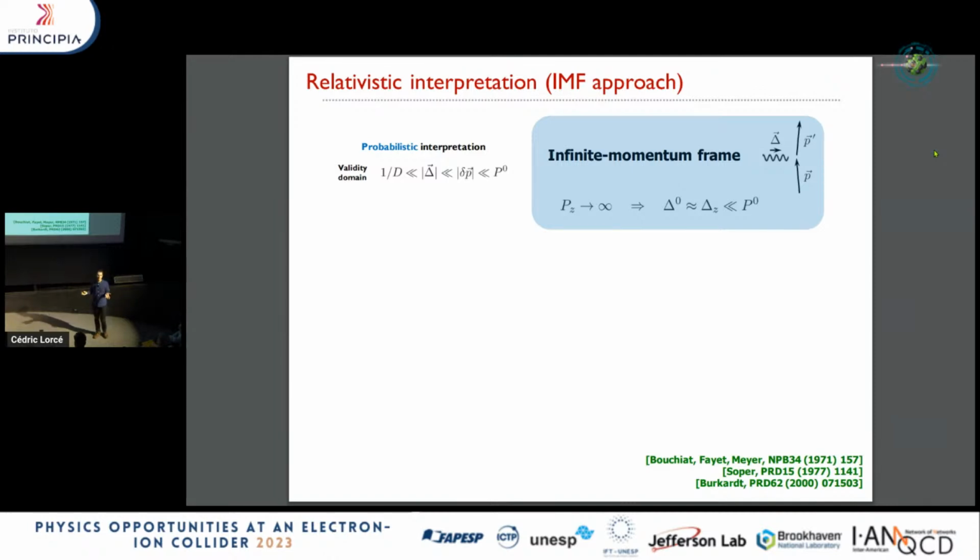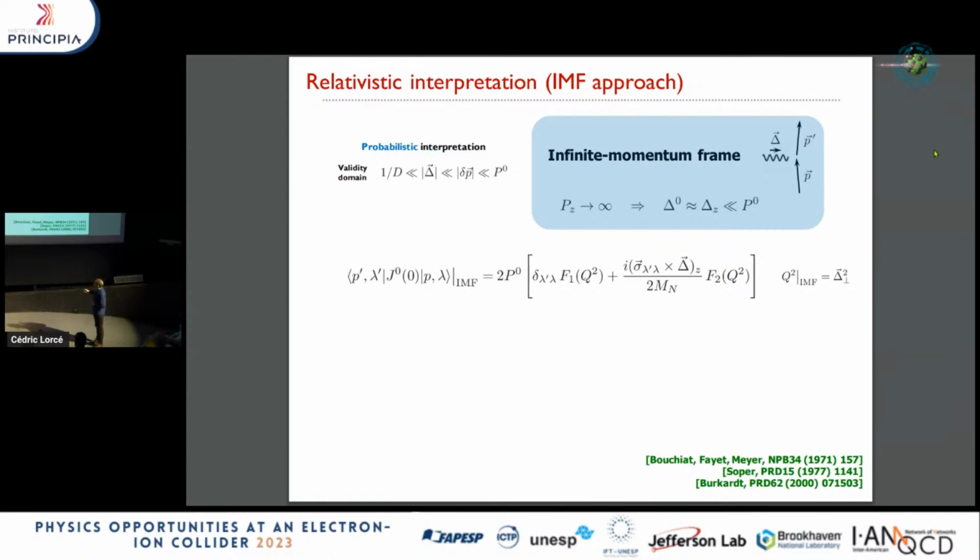If the inertia is infinite, you don't have any recoil correction, and a frame where the inertia is infinite is the infinite momentum frame. In that frame, the proton moves along, let's say, the z direction, and a relatively small transverse momentum is transferred to the system, but it doesn't make the system recoil. And in that case, you can also calculate the matrix element in the infinite momentum frame.